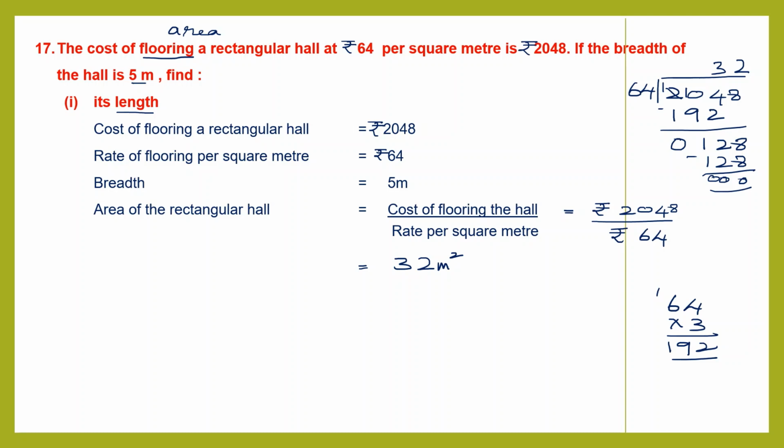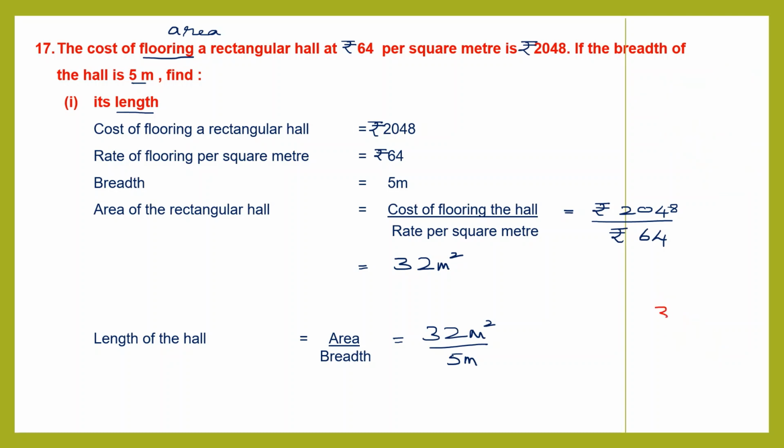So now that we have the area, we can find the length. The formula to find the length is area divided by breadth. So the area is 32 meters square and the breadth is 5 meters given to us. So now let's divide 32 by 5. 5 sixes are 30 minus 2.